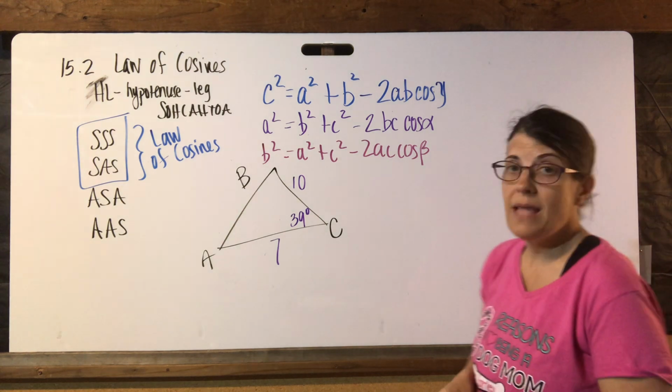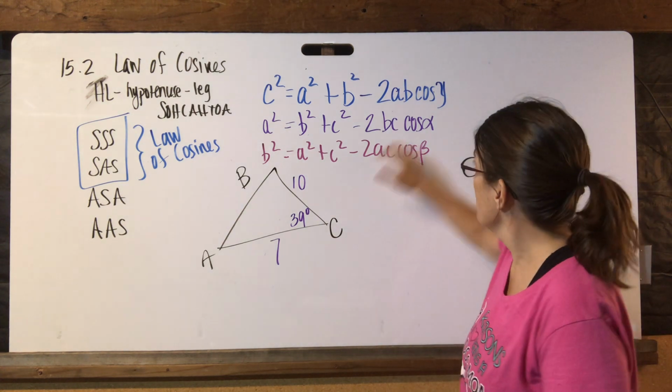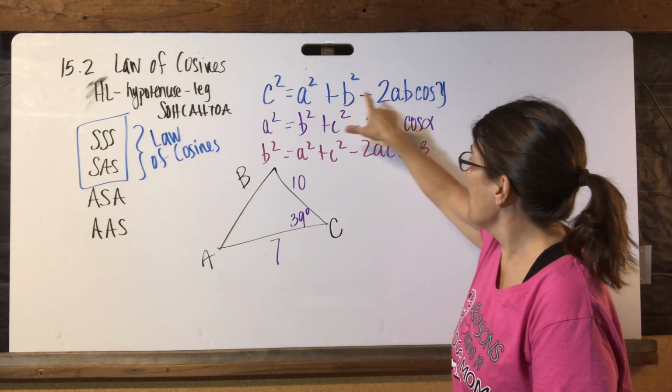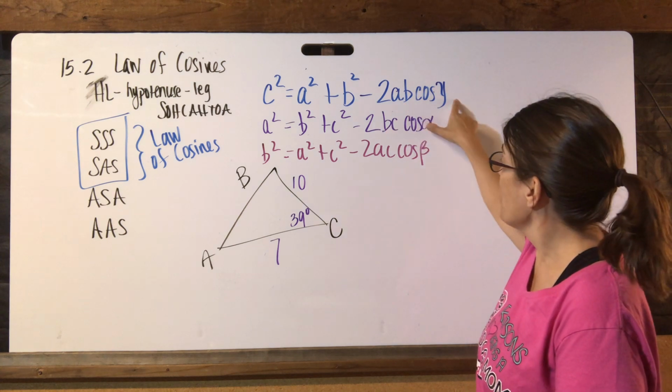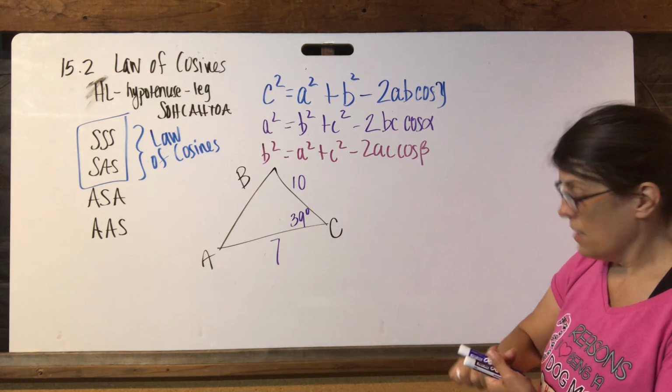Okay, now it's literally a plug and chug. So you know angle C, gamma, that's here. I know A, I know B, I know gamma. All I gotta do is plug in and I can find side C.